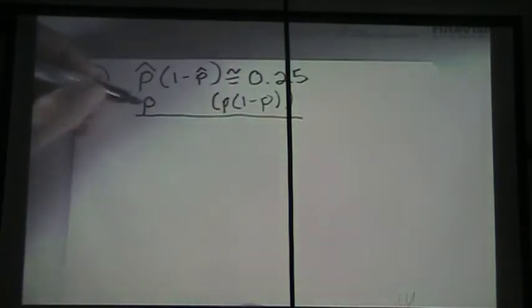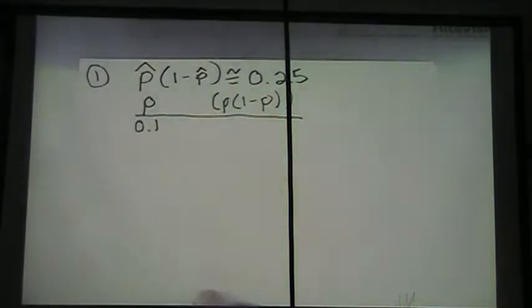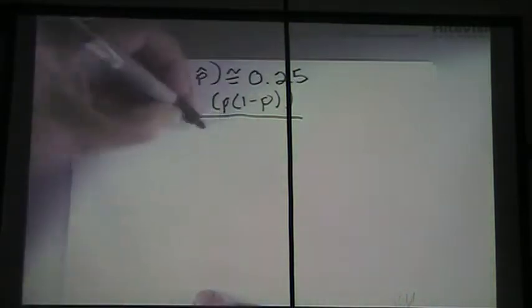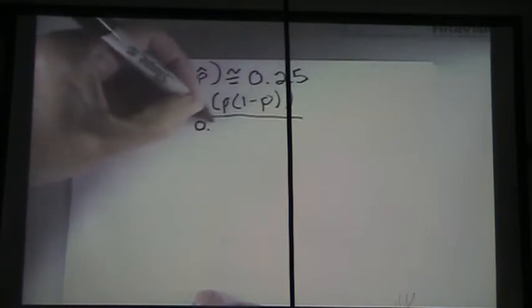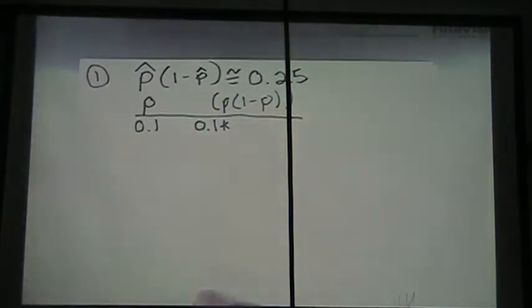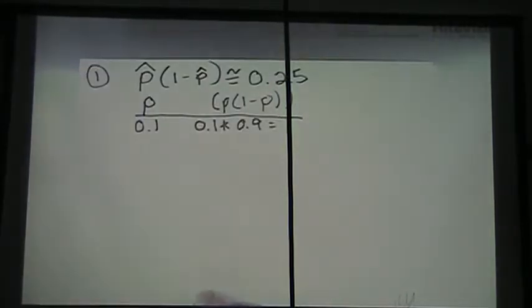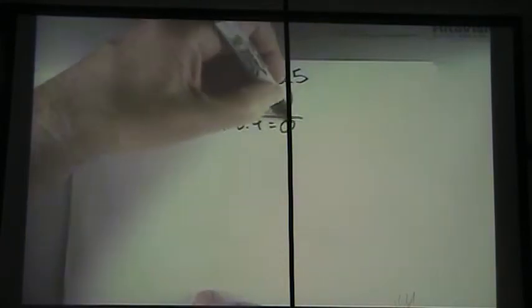All right, well, what if P is 0.1? That means that this is 0.1 times 1 minus 0.1, which is 0.9, and that is going to be equal to 0.09.